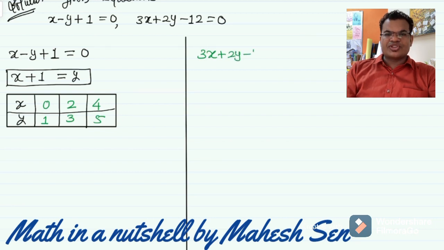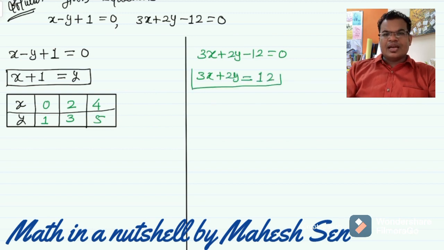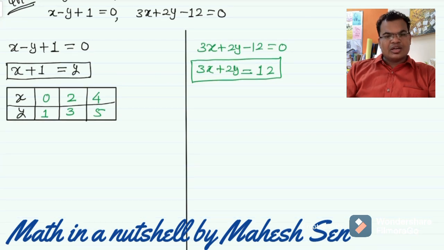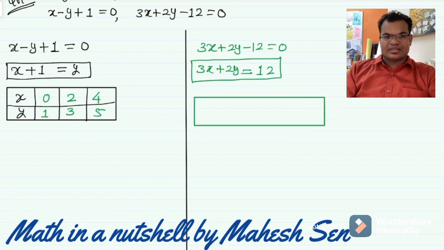For the next equation, 3x plus 2y minus 12 equal to 0, I'll shift this 12 to the right hand side, so it will be 3x plus 2y equal to 12. I'll use the same method: make the table and put the values of x and y gradually. I want to put x as 0 so that I can get the value of y, and put y as 0 to get the value of x.